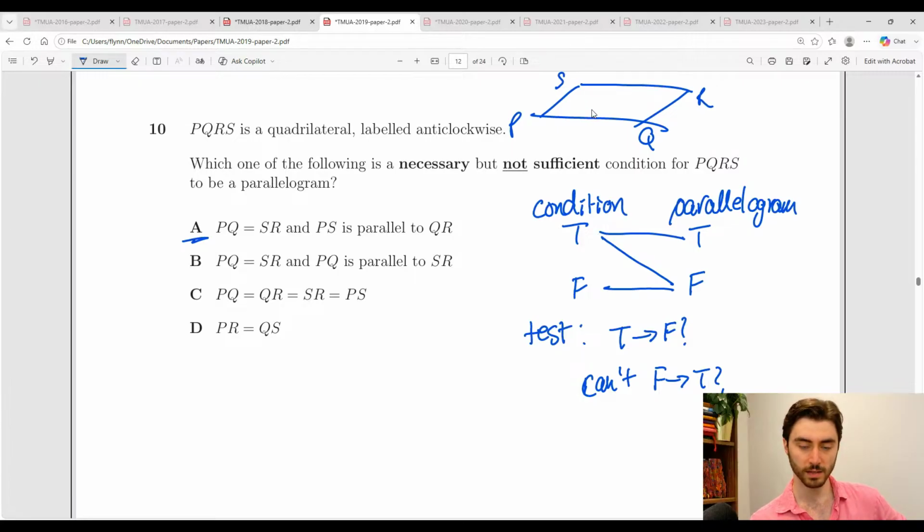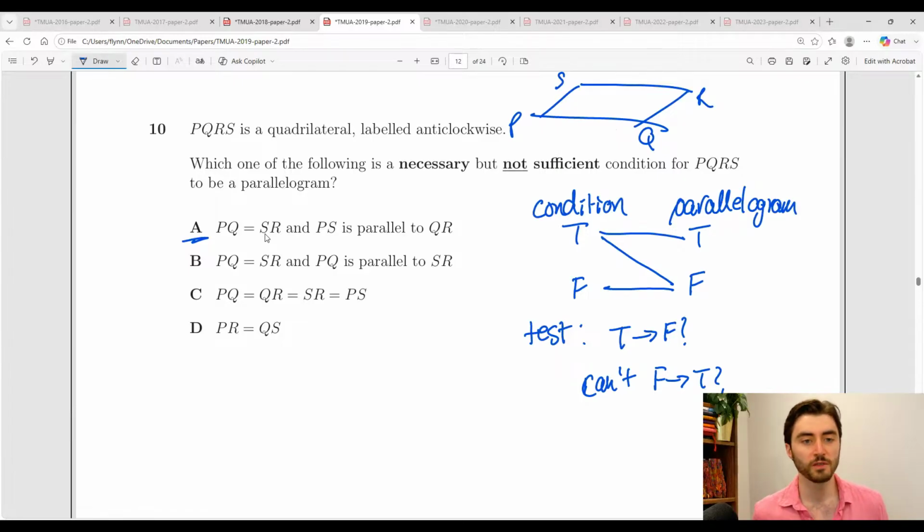So in this case, PQ equals SR and PS is parallel to QR. So true to true certainly exists. Can that be false?